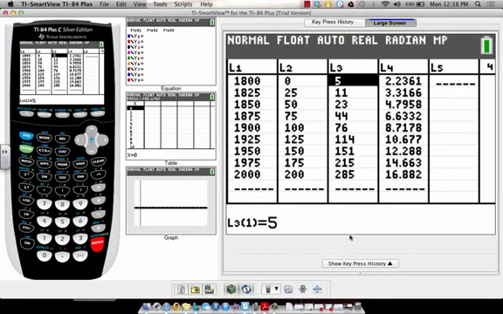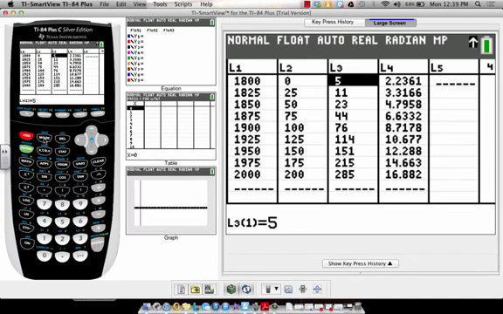All right, so here we are again, back into our lists. Remember here, list 1 is the actual years. List 2 is the years since 1800. List 3 is the population in millions. List 4 is the square root of the population in millions. Well, we need to see if dealing with the log of population in millions makes it any better. So that's going to be my list 5.